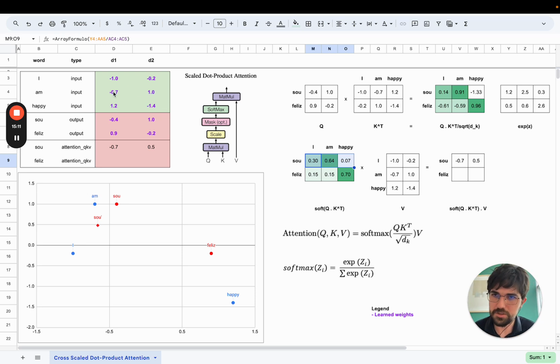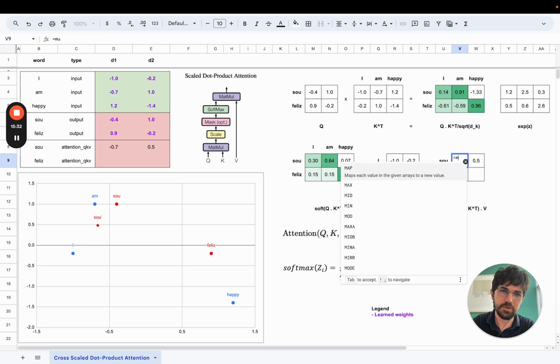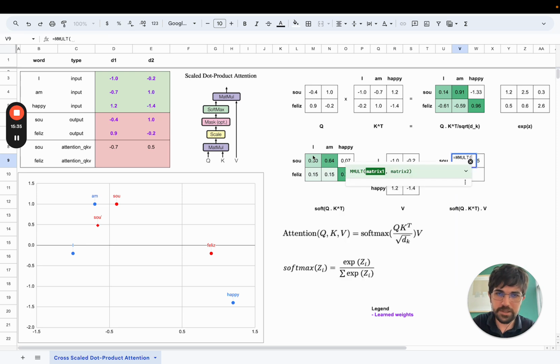But again, all of those values, those embeddings, are learned, and this transformation is applied in a way to use the context of the sentence in order to give a new position to that vector. And here I can do the same calculation, or I can just do a matrix multiplication of both of those.